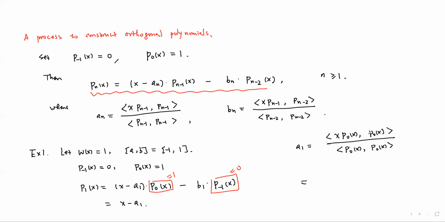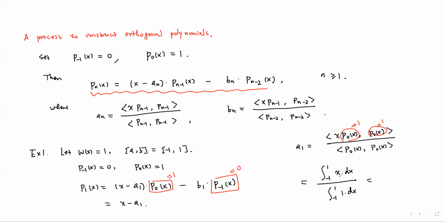The numerator is this integral from negative 1 to 1; P0 is 1, so the product of these two functions is just x, and w is 1, so dx. The bottom is P0 times P0, which is 1, so the integral from negative 1 to 1 of dx.